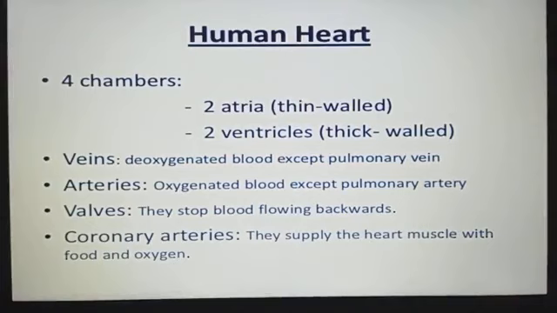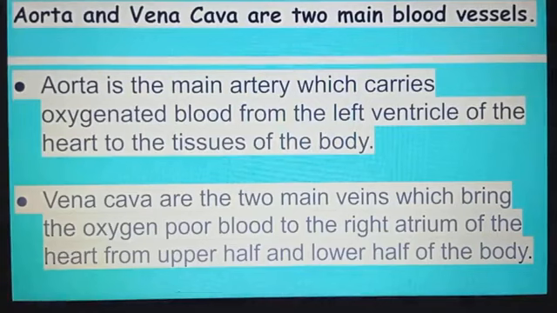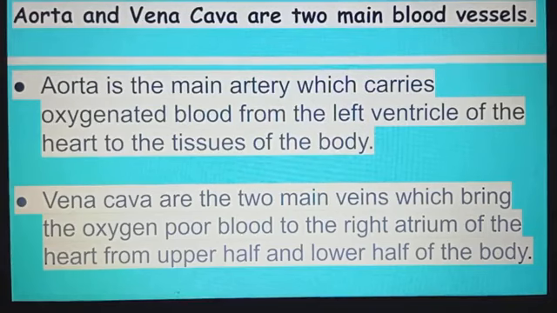The veins, arteries, and capillaries are present throughout our body, but the two main blood vessels which we are going to discuss now are the blood vessels which are present in the heart. They are aorta and vena cava. These are the two main blood vessels.